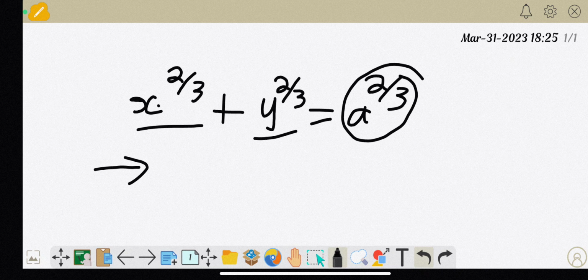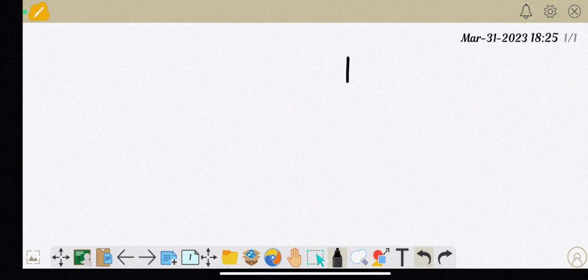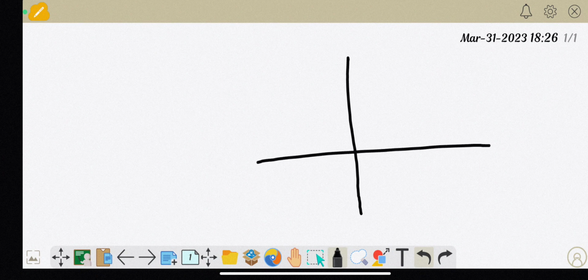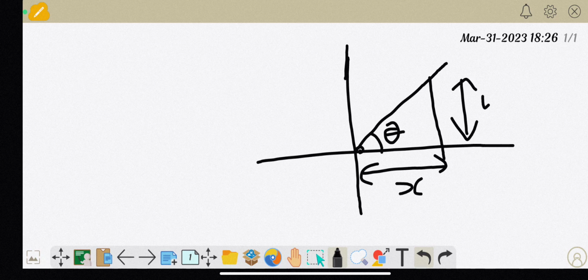Sir, I didn't get why you took cos and sine. Yeah, so I'll tell you why. If this is my y axis and this is my x axis, and I draw a line here, and this is my theta, this is my x distance, this is my y distance, correct?